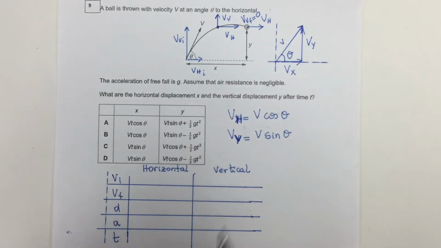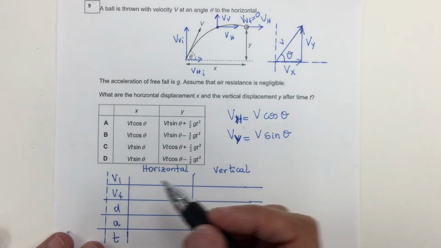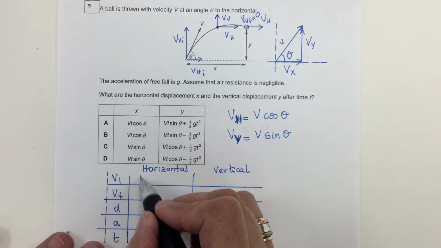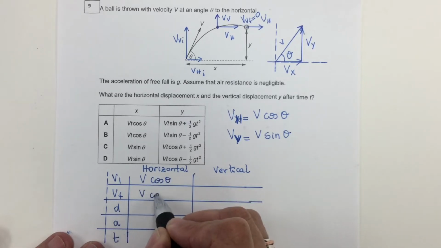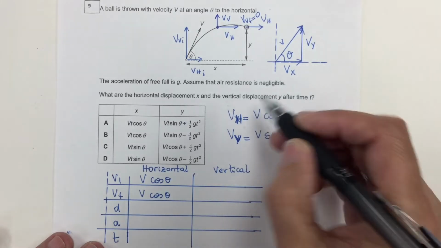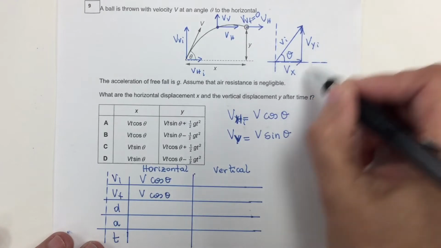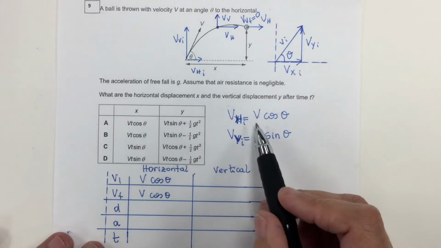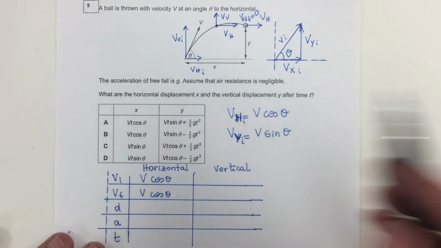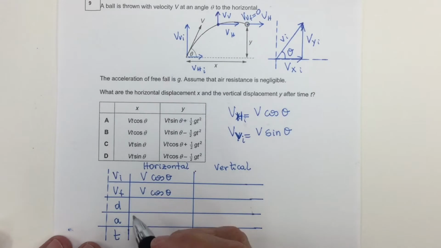They never change because they're not affected by gravity. Which means vi here is v cosine of theta. vf is also v cosine of theta. I calculate the initial for everybody, but my initial and final horizontally are the same, constant.